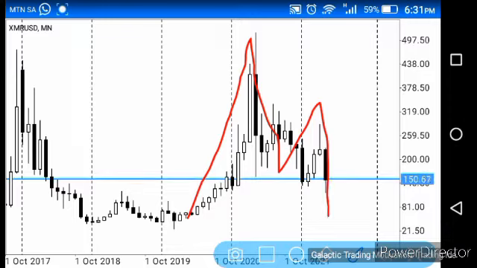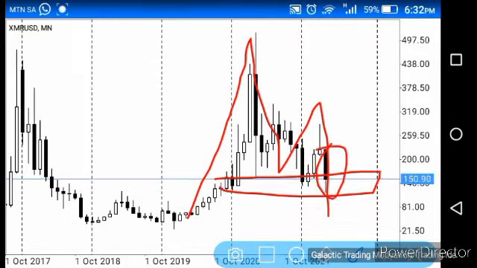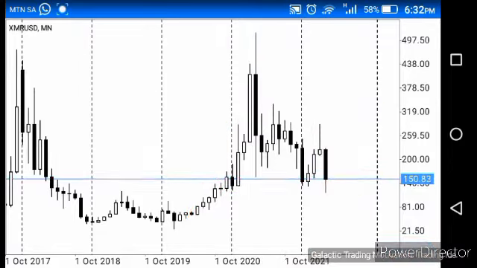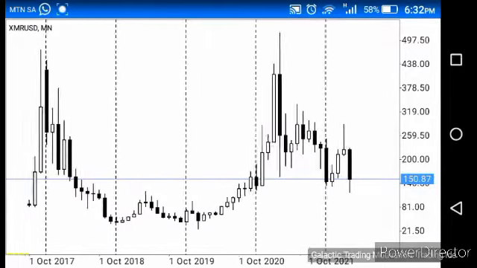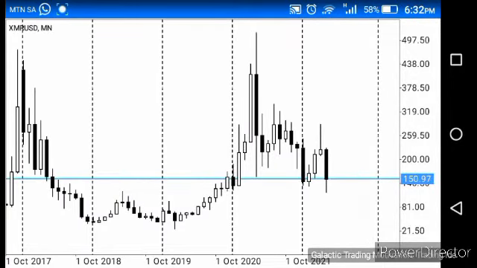It created an overextended M formation with the neckline in that region. However, if you look at this particular candlestick, price is actually attempting to go back up, and this M formation may become very much invalid.